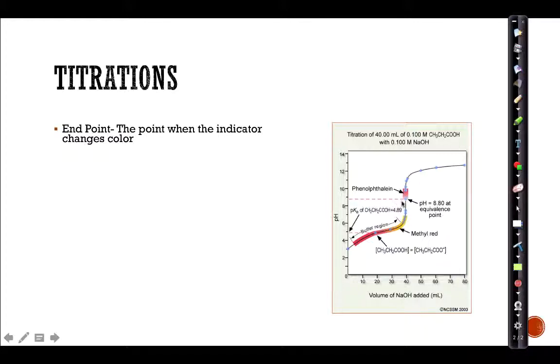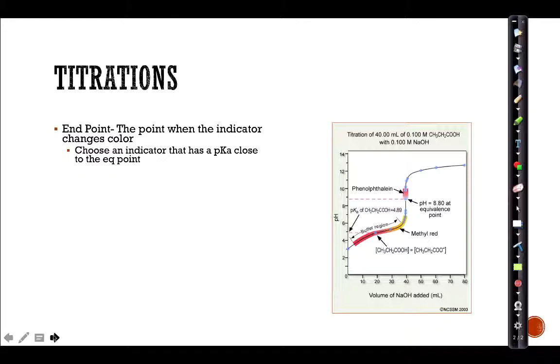So at the equivalence point, basically, your moles of base should equal the moles of acid that you started with. So the end point is when the indicator changes color, which is rarely the same as the equivalence point, because at the end point, we've actually gone just a little bit above the equivalence point.